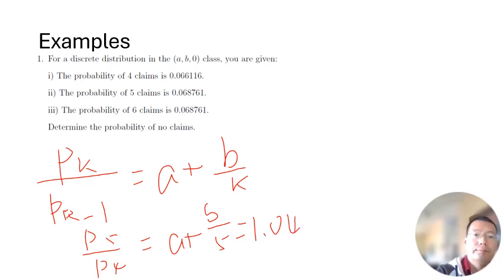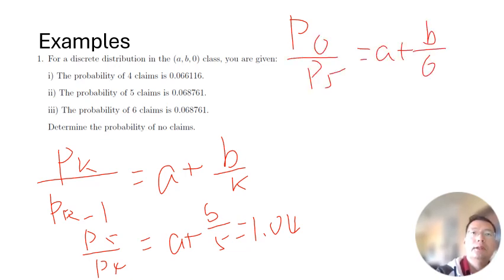And again, p6 over p5 will be a plus b over 6, which will be 1. From these two, we can calculate a is equal to 0.8 and b is 1.2.